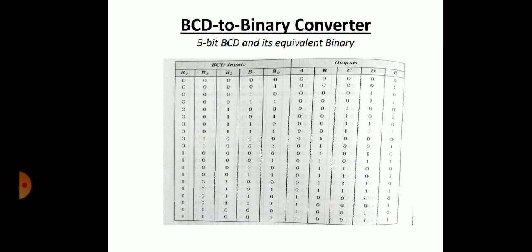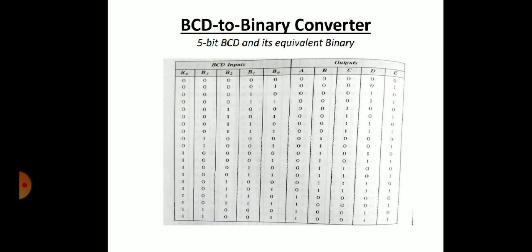But one thing in this truth table you must remember, you will take 4 variables to represent the K-map. The variables will be B3, B2, B1, B0. In each column for BCD inputs, you can see, suppose for B4, first some rows the value is 0, the rest are 1.